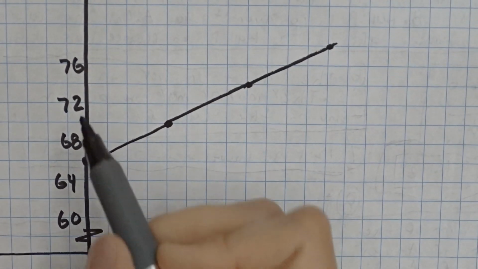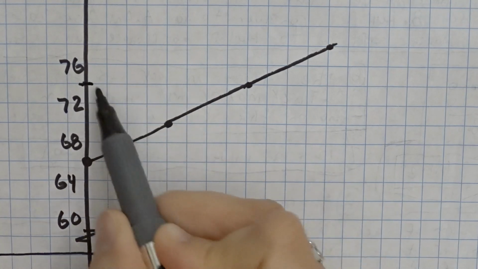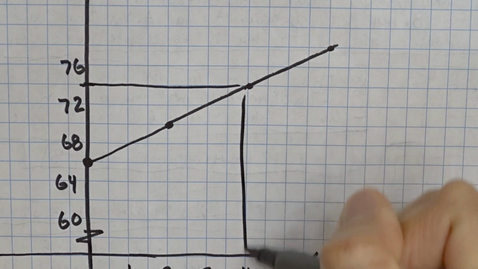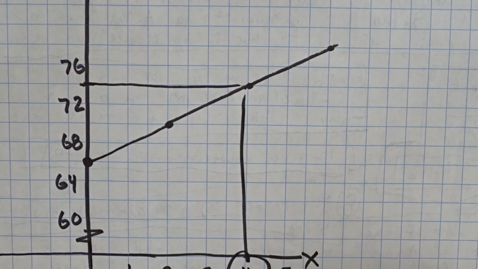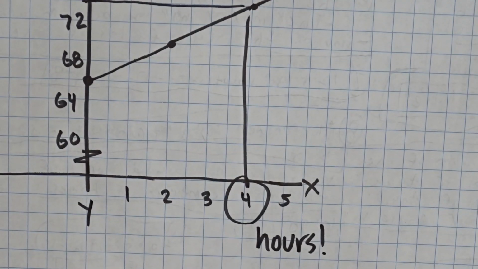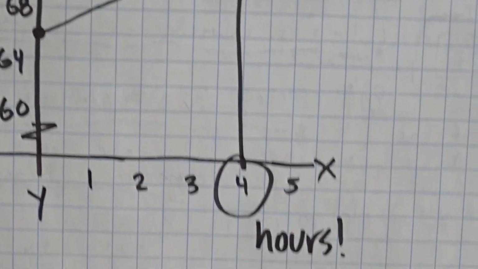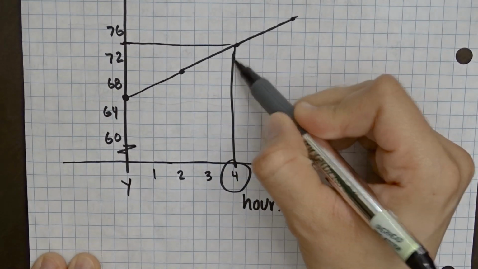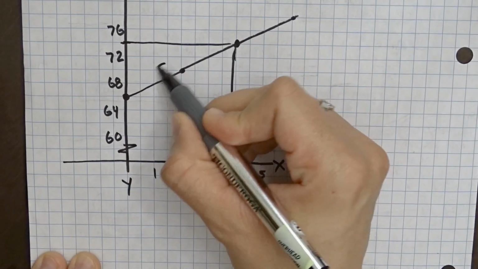And when does it become 74? Right here. So let's follow that line, and the answer is 4 hours. So after 4 hours, at this point, it's a storm.